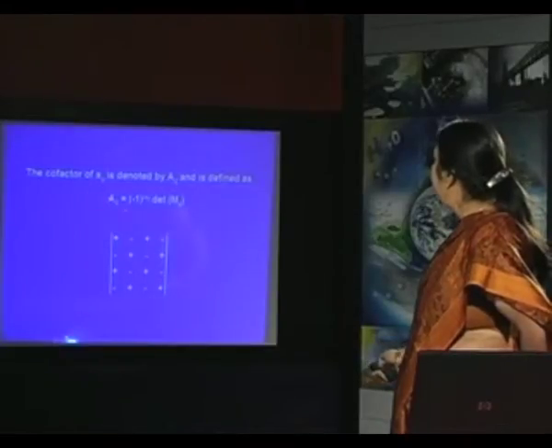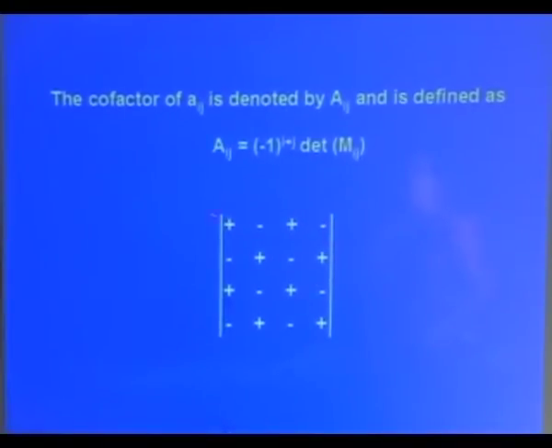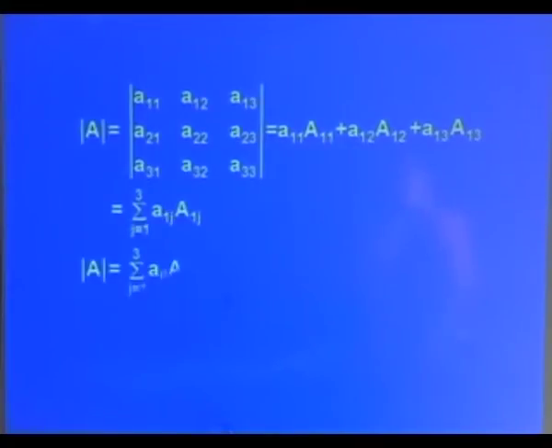It is defined as Aij is equal to minus 1 raised to power i plus j times determinant Mij. So, that minus 1 to the i plus j is taken with the cofactor, and in fact, we do not have to remember this formula. One can use this checkered pattern to associate the sign with the appropriate Mij. The first term starts with plus, the next term is minus, then plus, minus, and so on. So, this checkered pattern can be used for evaluating determinants.